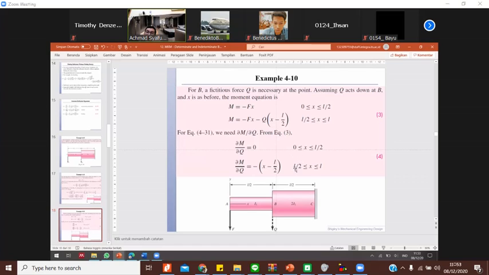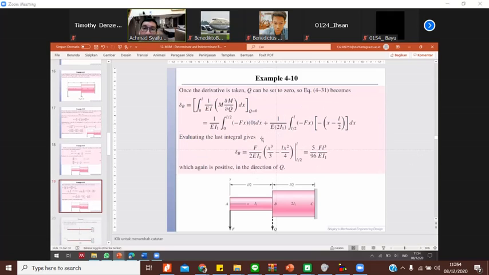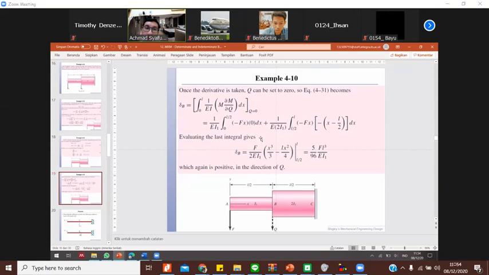For the other part we have to use another part of the equation, and this is with respect to q, so that is not 0. Then from 0 to 10, after the partial derivative, we can get this final solution.